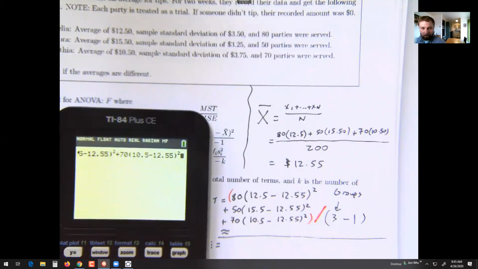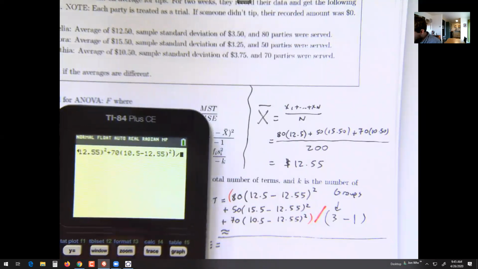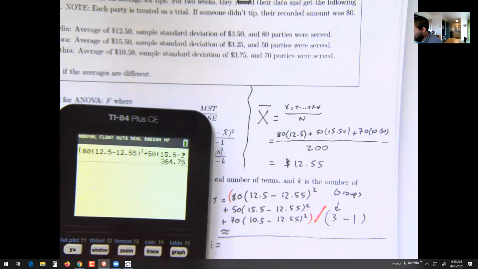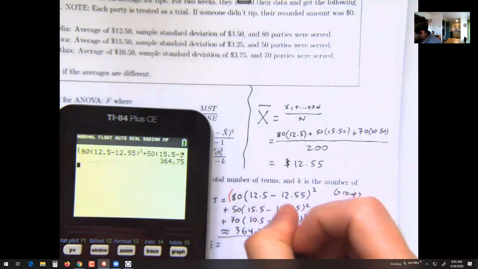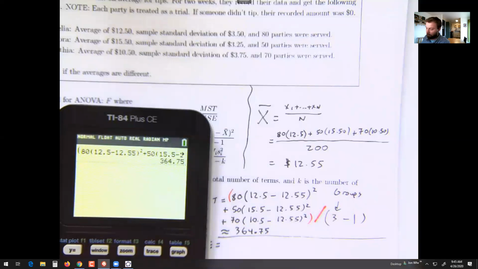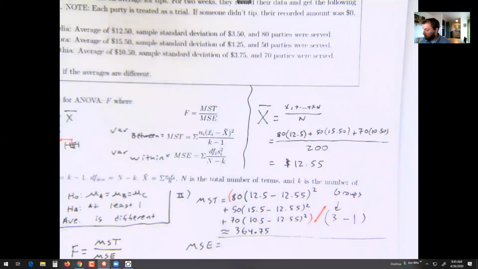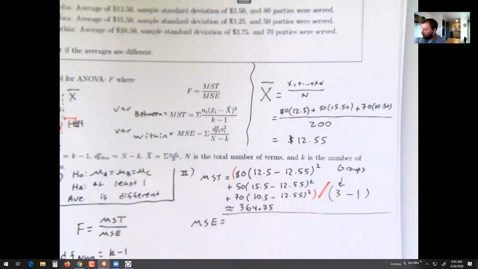Cynthia. I'm taking this whole quantity and I'm dividing it by 2. I have an MST of 364.75. So when I'm trying to find the F ratio, this will be on the top of that fraction. You can think of this as sort of the variation that's taken up by the groups.